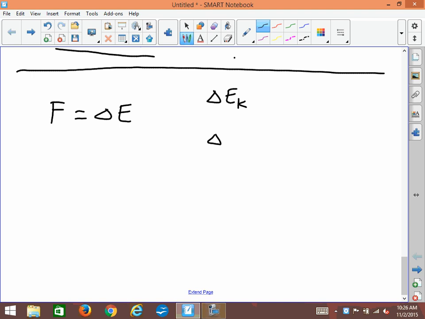It could be a change of gravitational potential energy, which means there could be 1/2 mv squared in there, or there could be mgh in there. Anytime something changes height, the change in its energy is equal to the work done. So you don't have to worry about force times distance. Instead, you're looking at 2 different energies and finding the difference between them. Of course, delta means EK2 minus EK1.